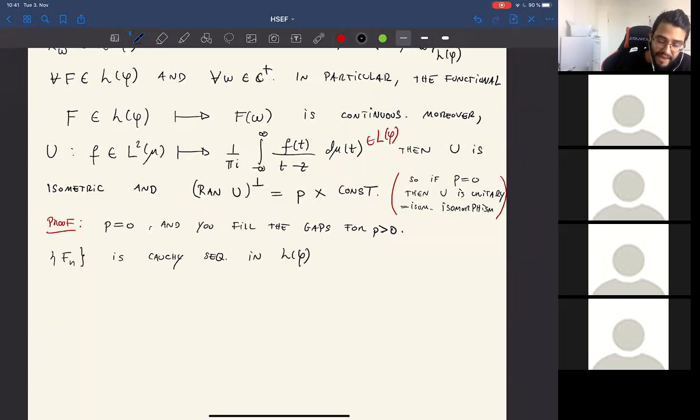By the definition of the norm, this is exactly saying that the little f_n that represent each one of these capital F_n is a Cauchy sequence in L2 of mu, so it converges to some function in L2 of mu, because L2 of mu is complete.